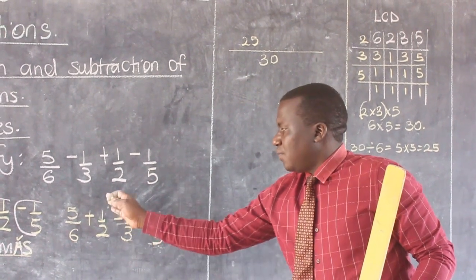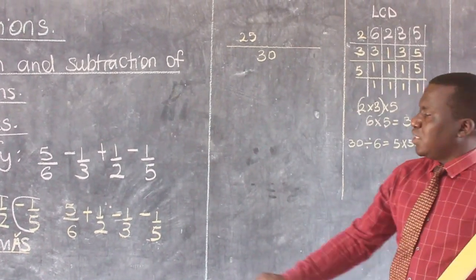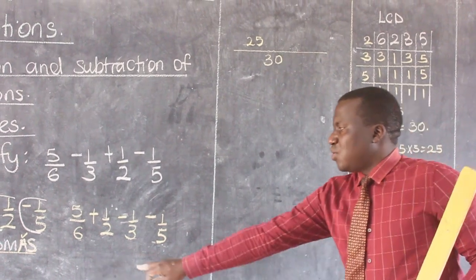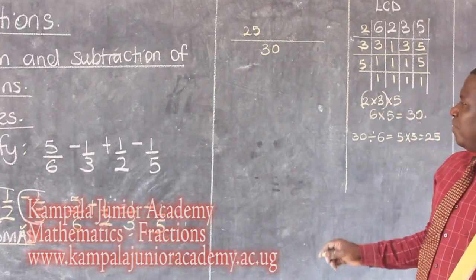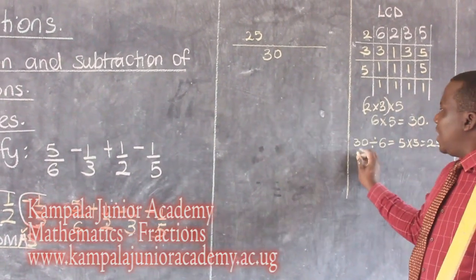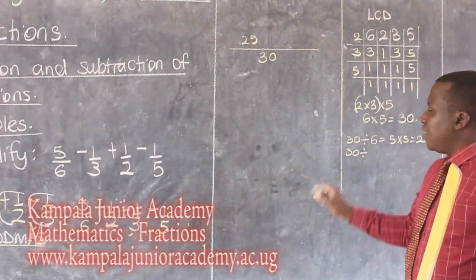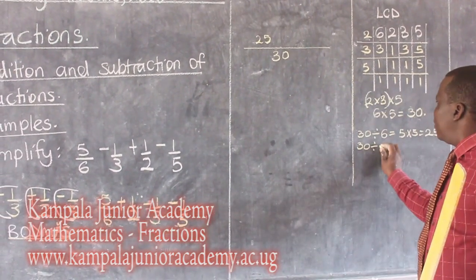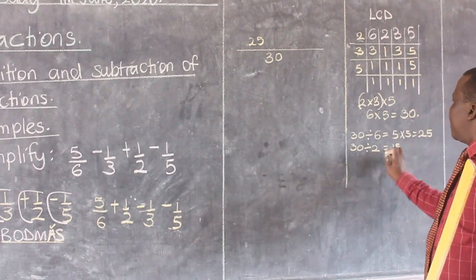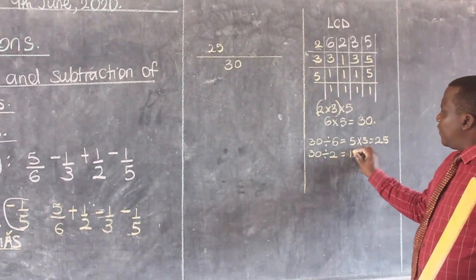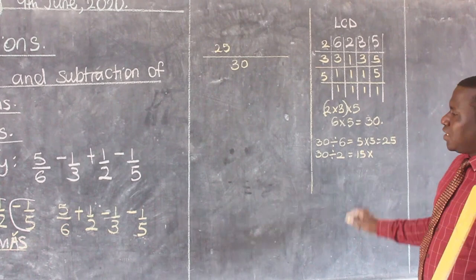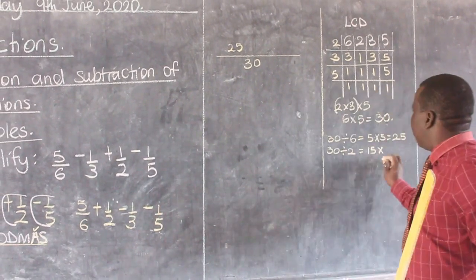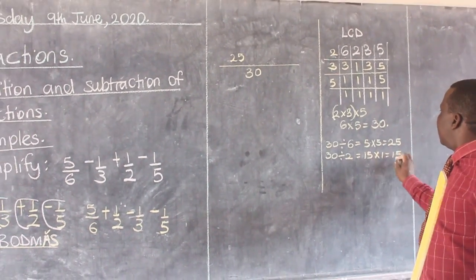Then you go to the second fraction, which is a half. We are considering the denominator. So we divide 30 by this denominator 2, which gives us 15. 15 times the numerator 1 gives us 15.